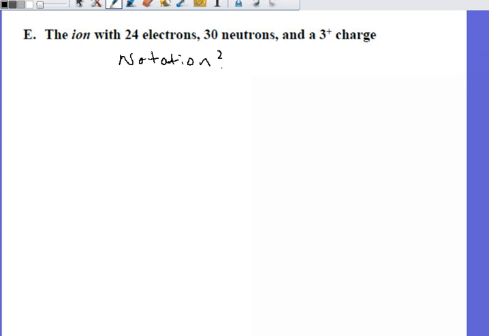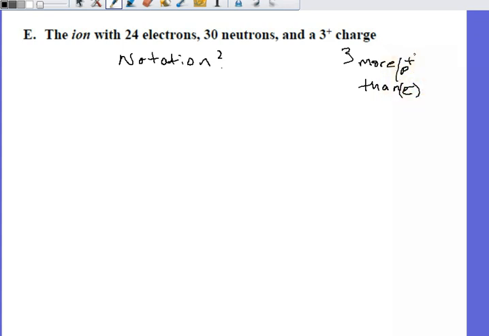So you have to do a little Sherlock Holmes right here. 24 electrons, 30 neutrons, and a +3 charge. So this +3 charge means it has 3 more pluses than minuses. So 3 more protons than electrons.